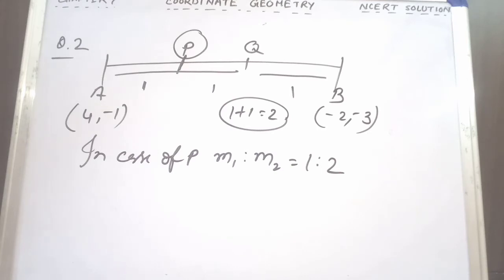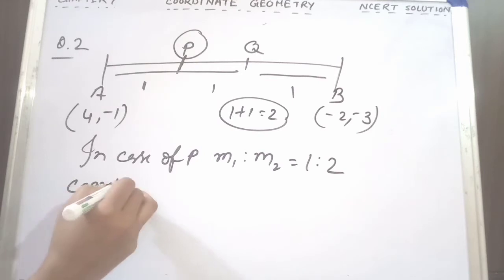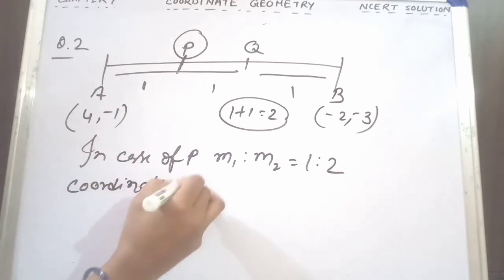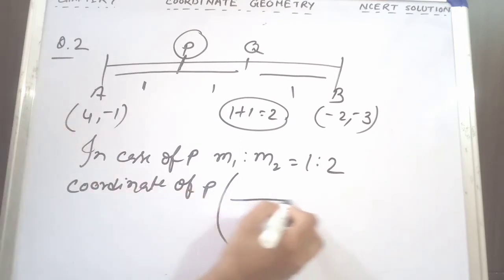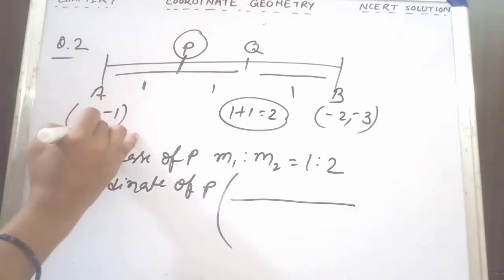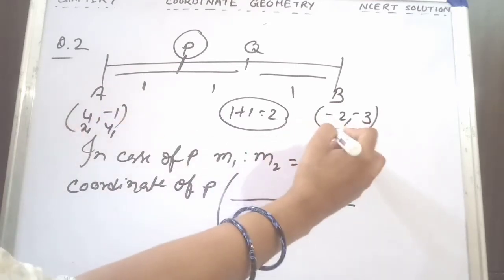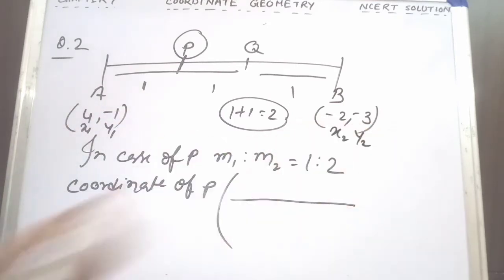So therefore, the coordinate of P. Suppose this is x1, y1, this is x2, y2. I am just doing the main calculation.